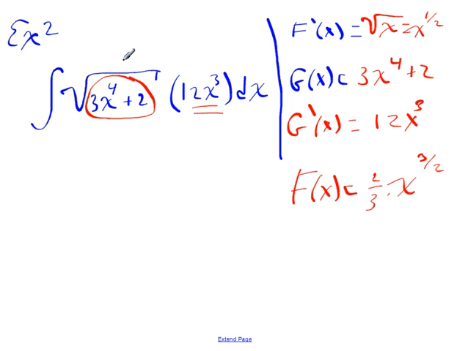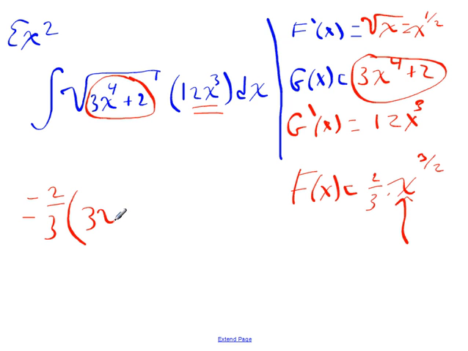Because this is falling into the reverse chain rule, I know that this is going to equal f of g of x. So it'll equal 2/3, and I'll put g of x into x. So 2/3 times 3x to the fourth plus 2, all raised to the 3/2, plus c.